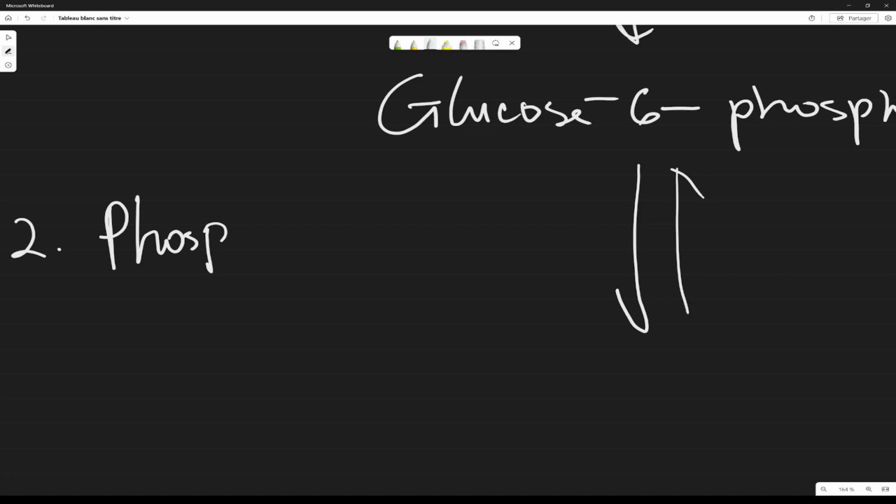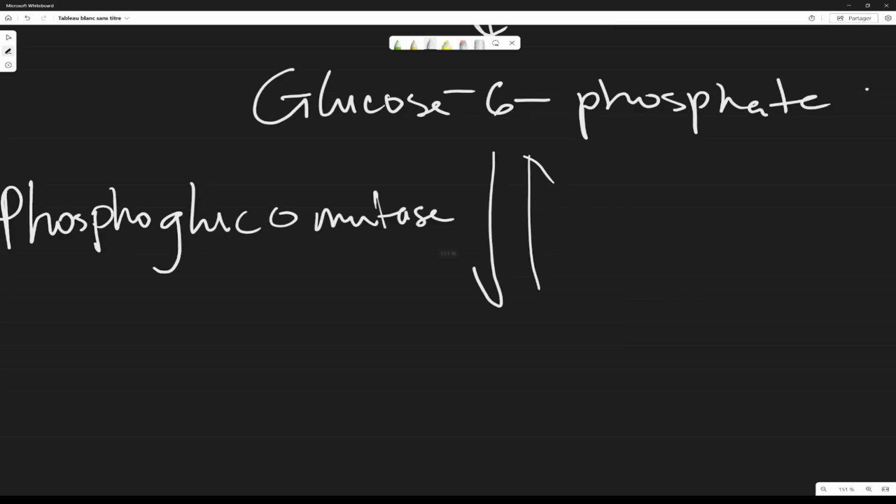Phosphoglucomutase, or what we just call mutase, really just mutates the molecule.